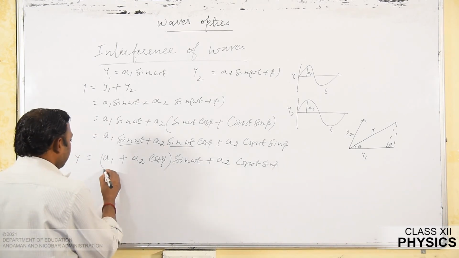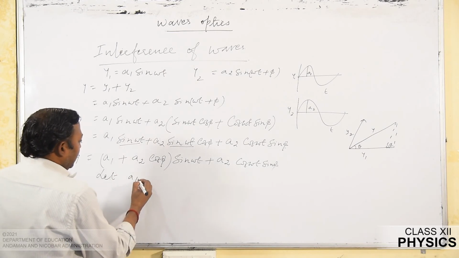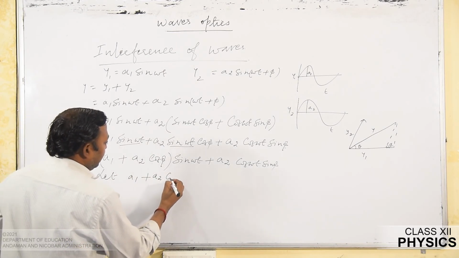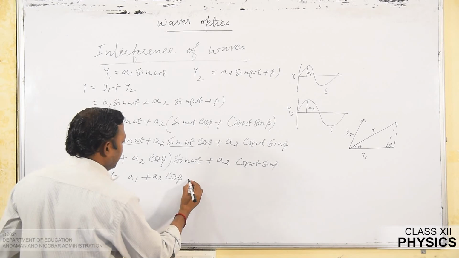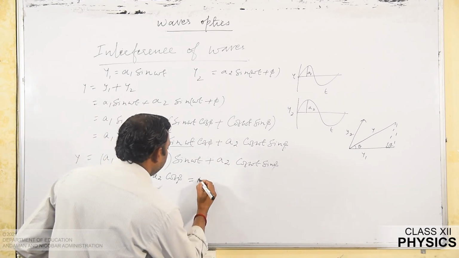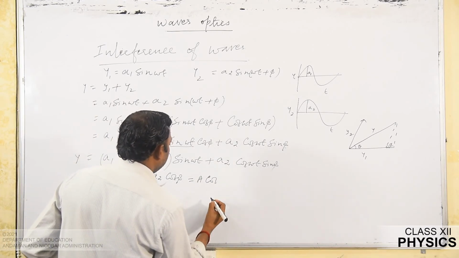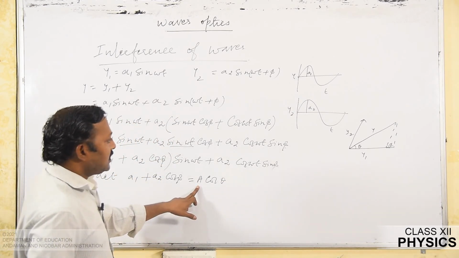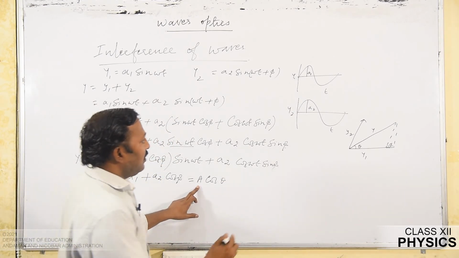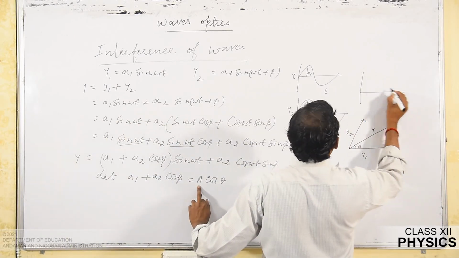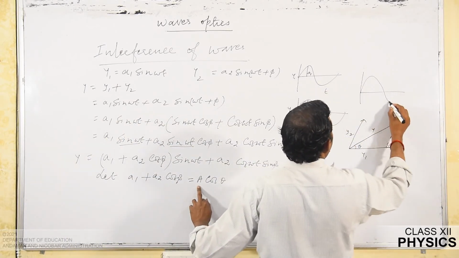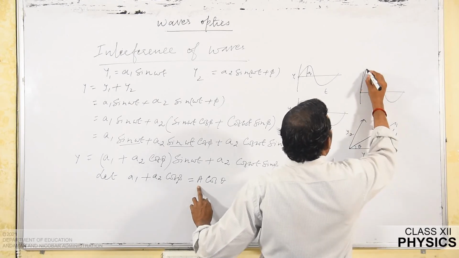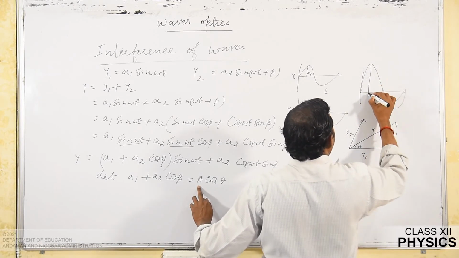Now let us take a1 plus a2 cos phi equal to a cos theta, where a is the final displacement of the wave after recombination, that is when both the waves are combined together, we get the final displacement a.